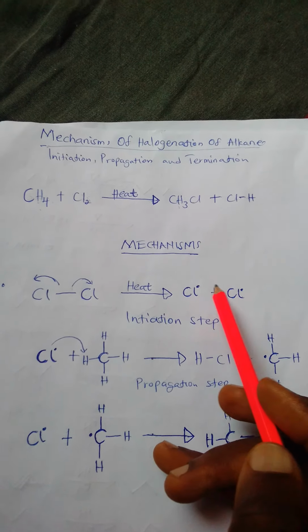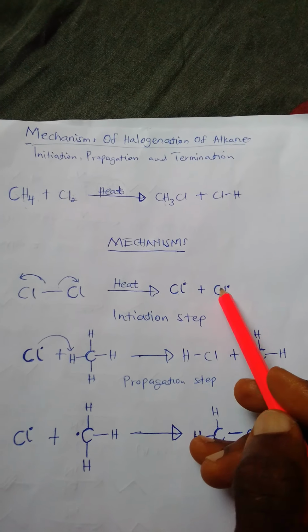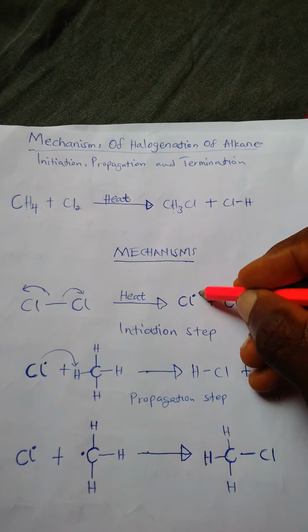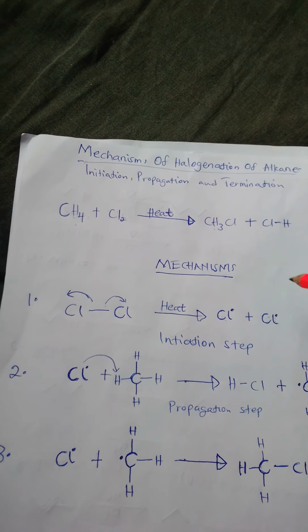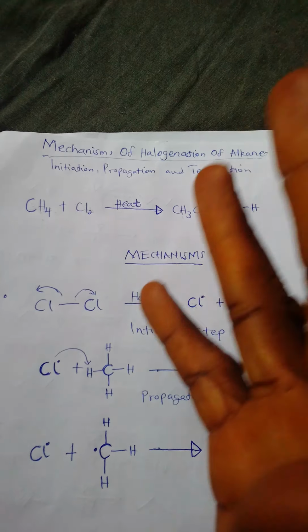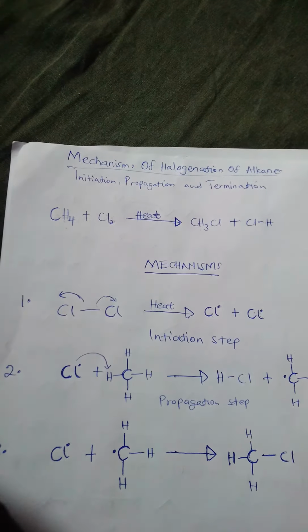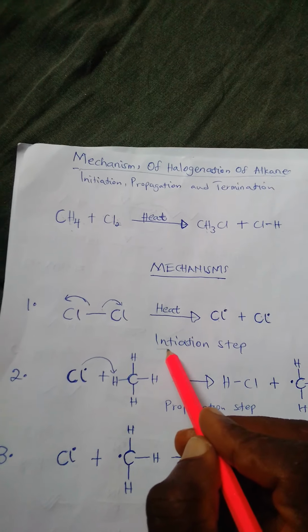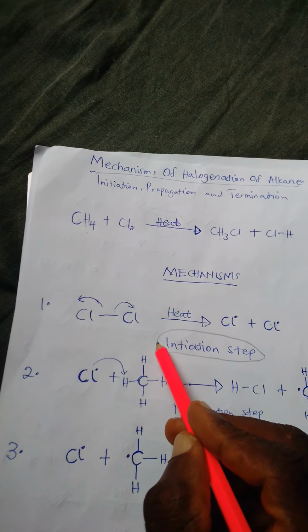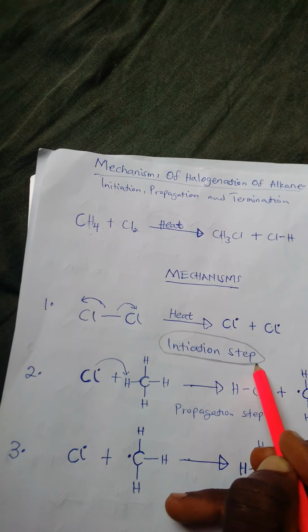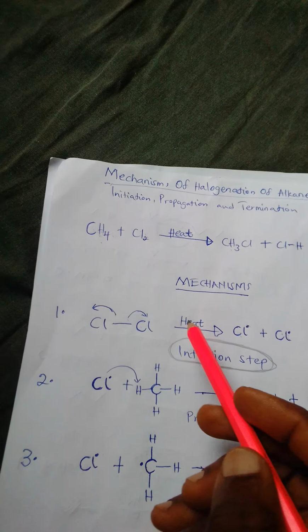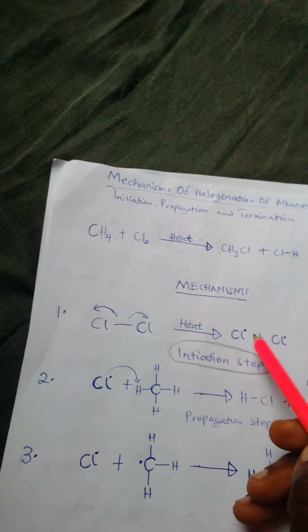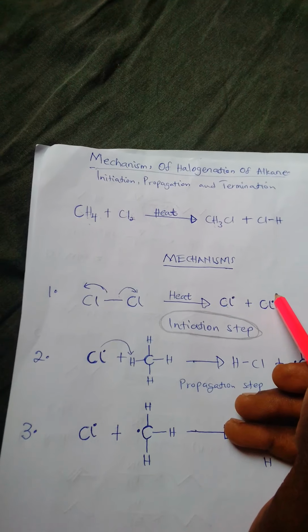Each of these is reactive and is called a radical. The first step, which involves the splitting of the chlorines, is what we call the initiation step. It is achieved by the heating of the chlorine and splitting it into radicals.